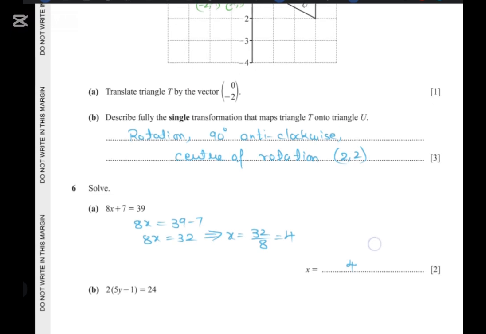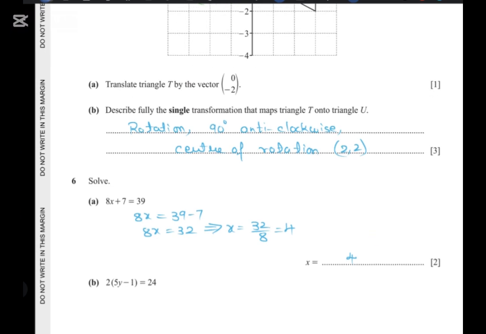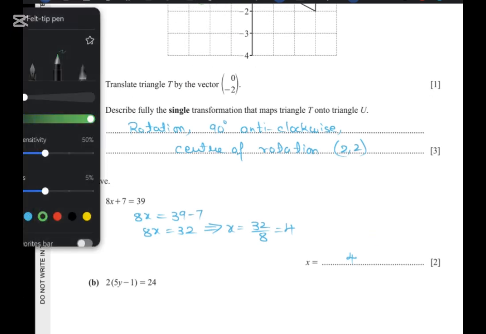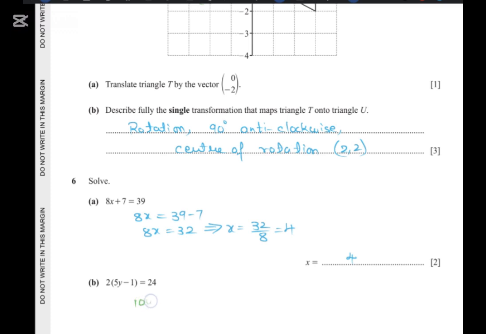Question A is solved. Question B, 2 into 5y. You have to multiply this into the bracket, 2 multiplied to both the terms. 2 into 5y is 10y. 2 into minus 1 is minus 2, is equal to 24. Bring minus 2 onto the other side. You get 24 plus 2.